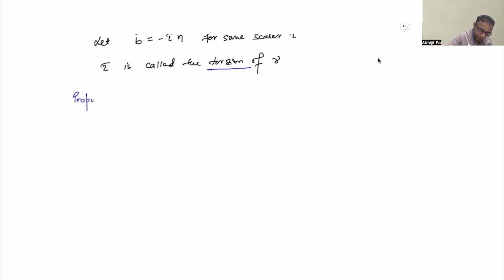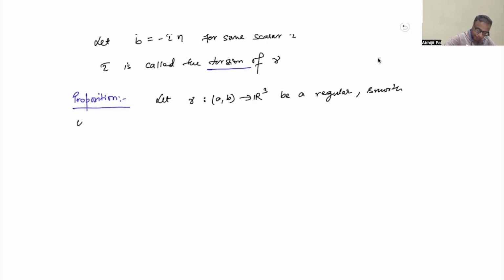So, proposition. Let gamma be a regular smooth curve in R3 with nowhere vanishing curvature, which means the curvature is not equal to 0.